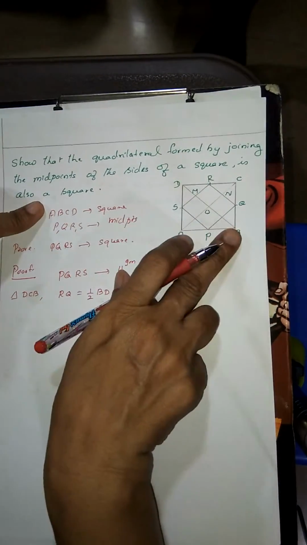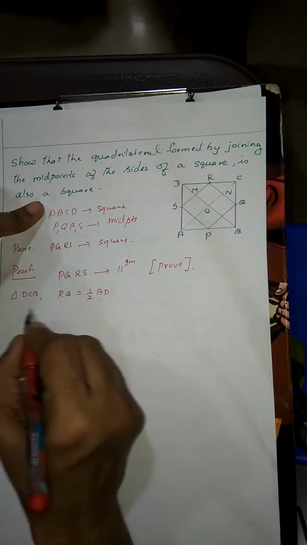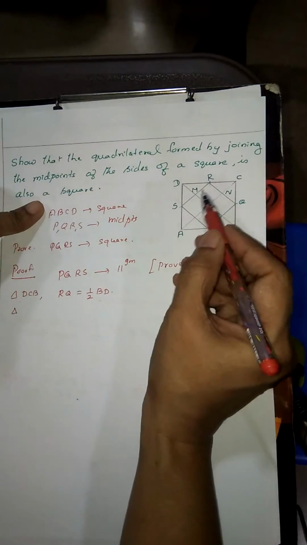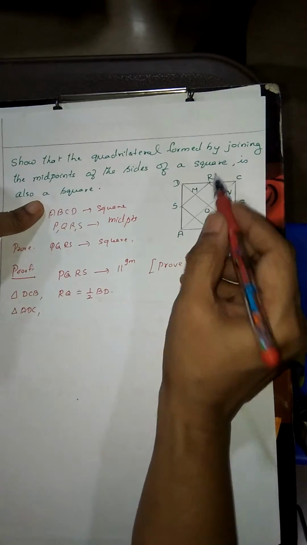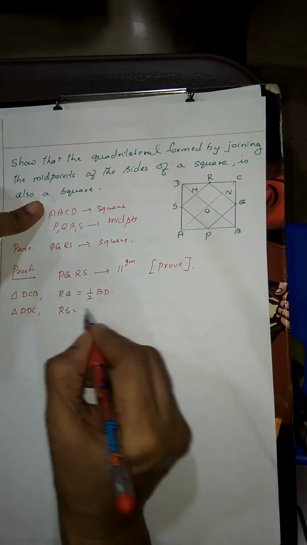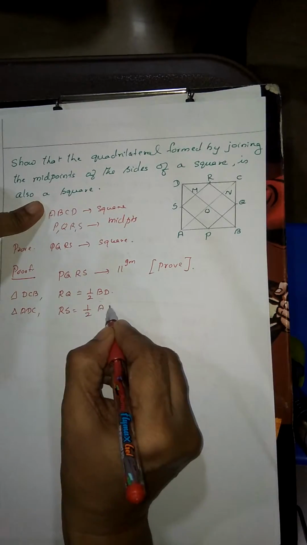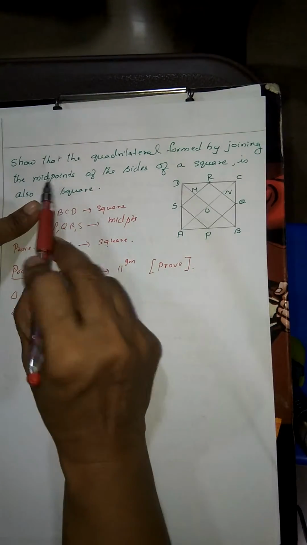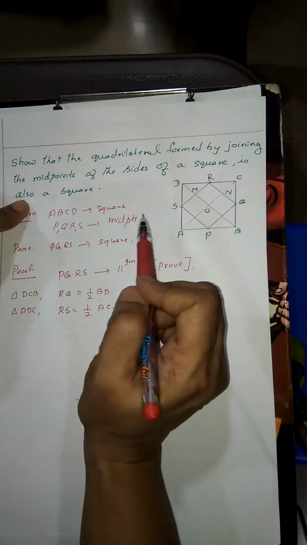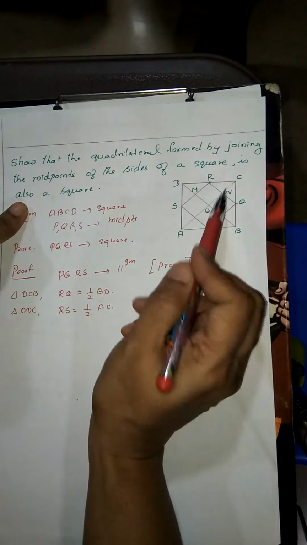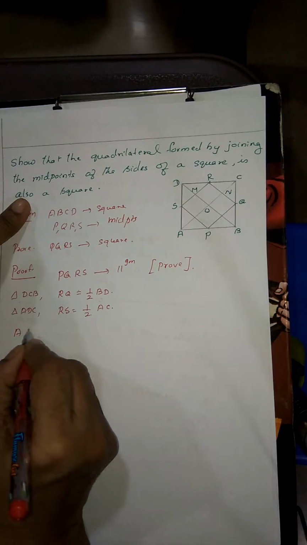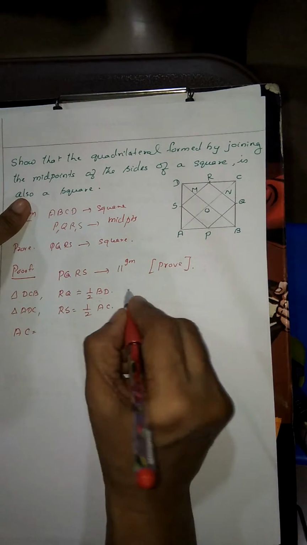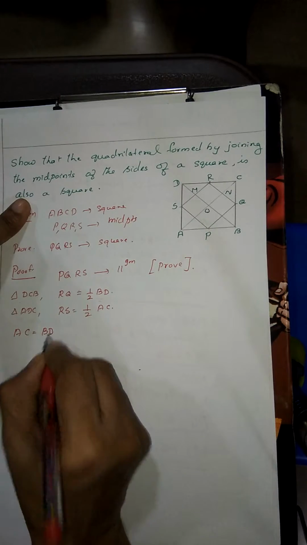RQ is half of BD. And in triangle ADC, we can say RS is equal to half of AC. Now the ABCD is a square. In a square, the diagonals are equal. So we can say AC is equal to BD.